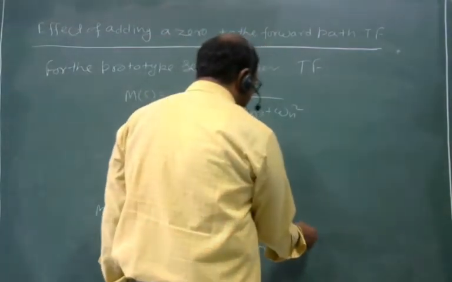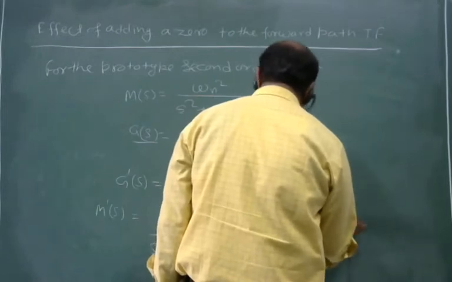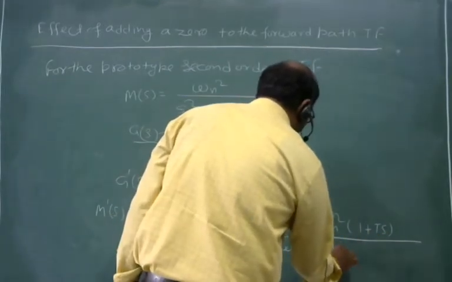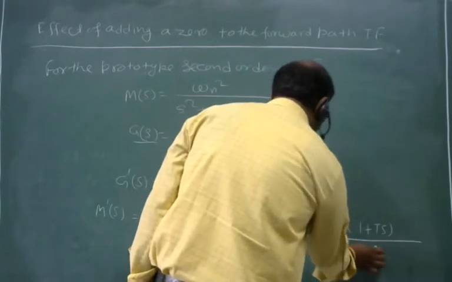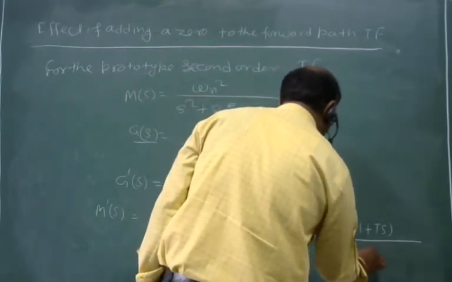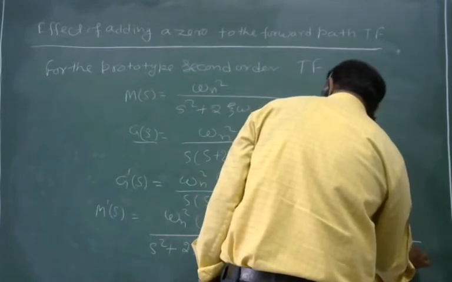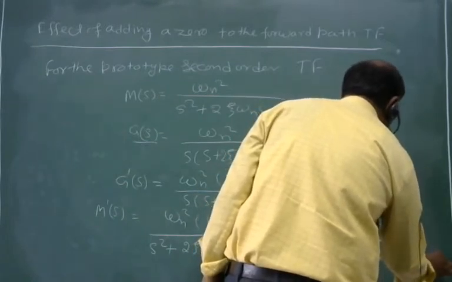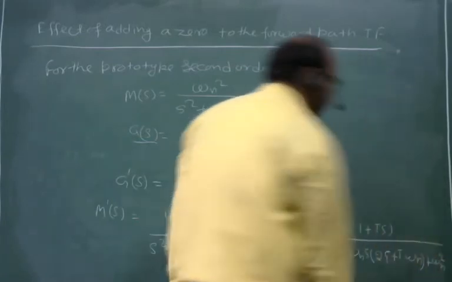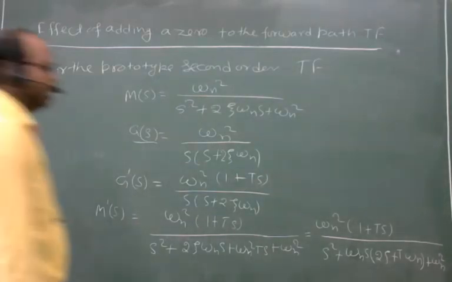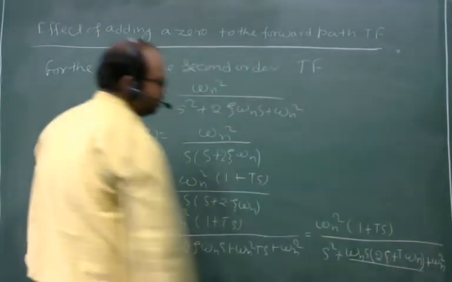Or this will be equal to omega n square (1 plus Ts) divided by s square plus (2 zeta plus T omega n) multiplied by omega n s plus omega n square. This is the middle term.